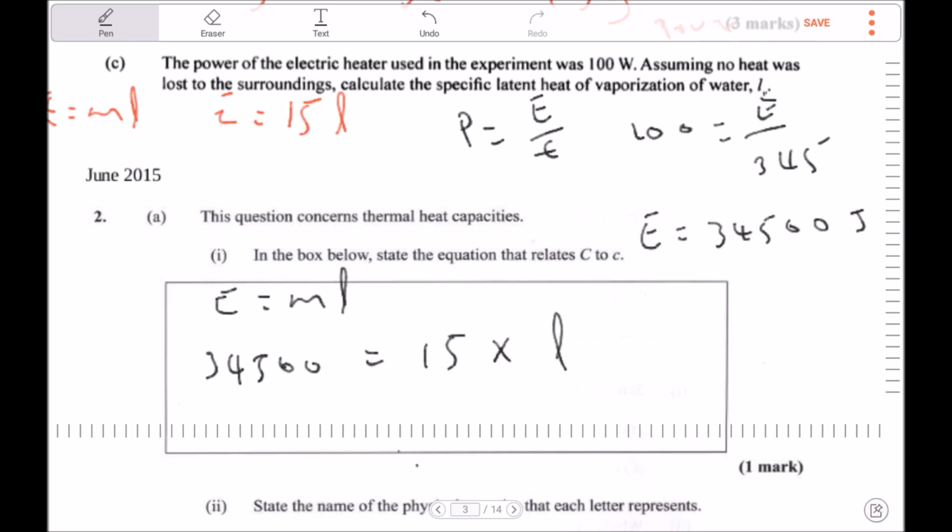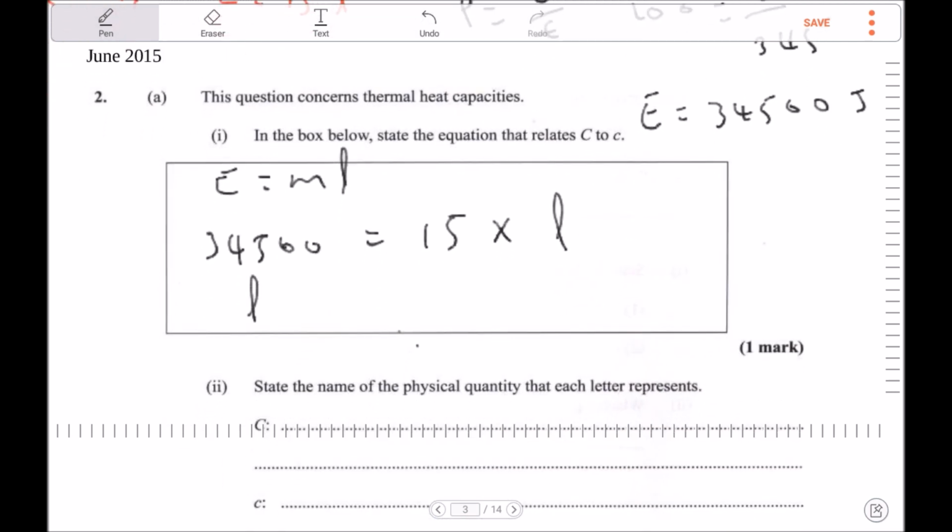So our latent heat is equal to 2300 joules per kilogram. Or joules per gram, I didn't change it. Joules per gram. So that's it for that question.